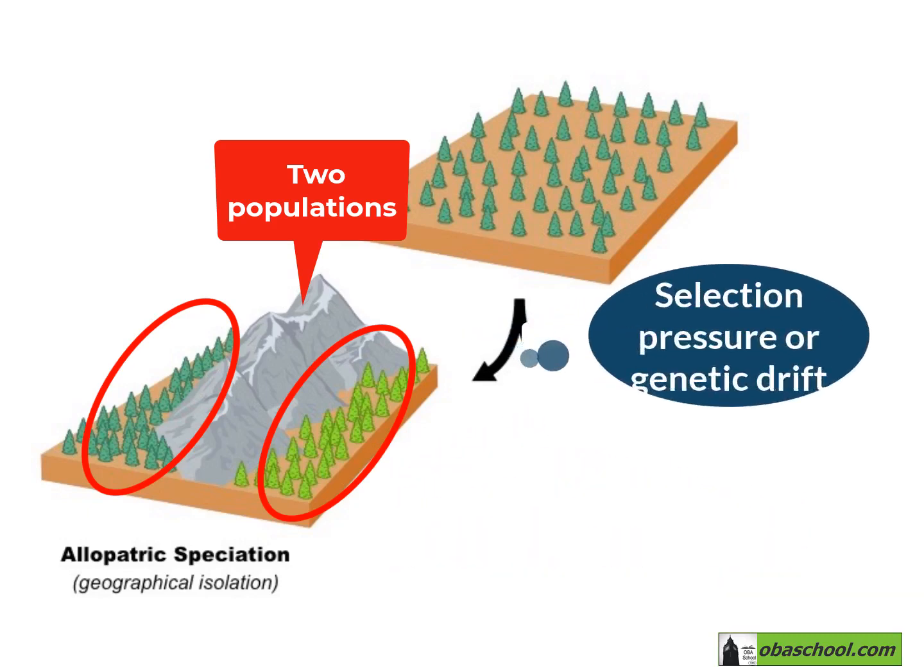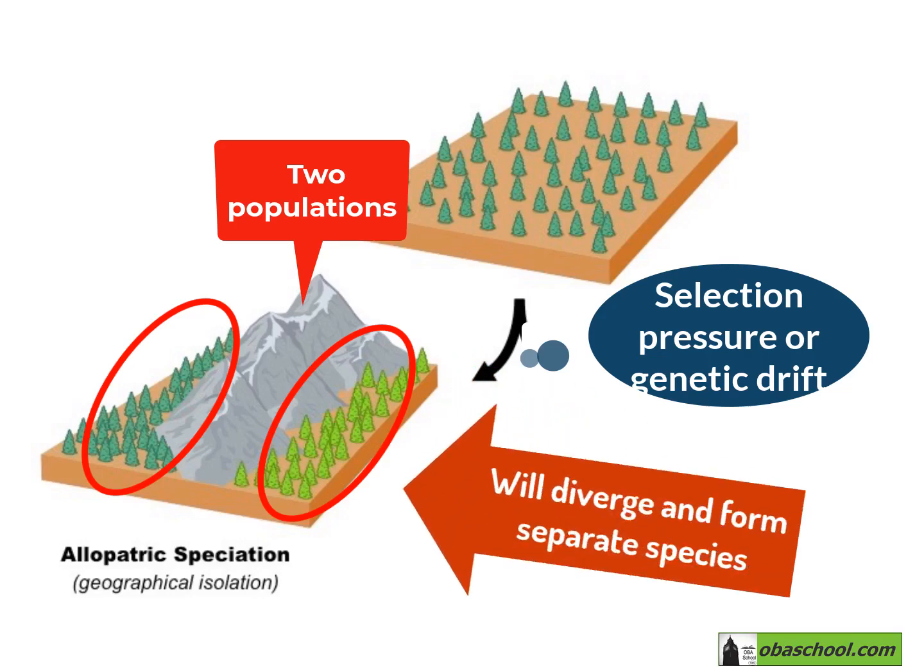Now, if there is a sufficient selection pressure or genetic drift acting to change the gene pools within both populations, then eventually these populations will diverge and form separate species.